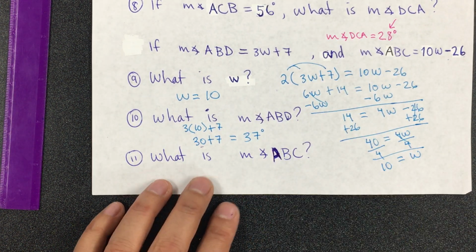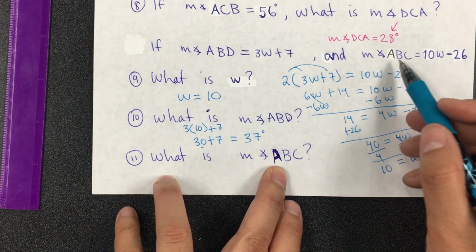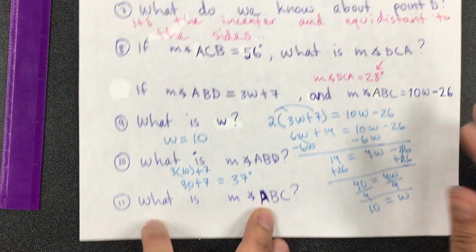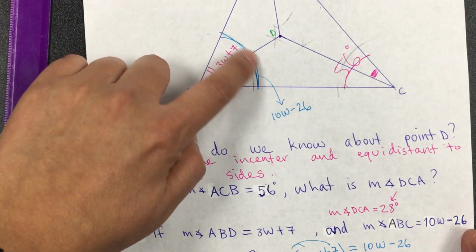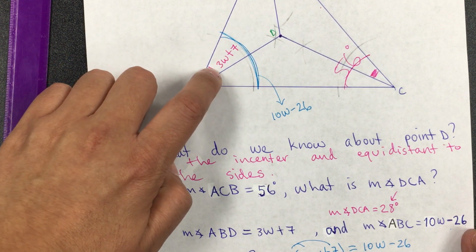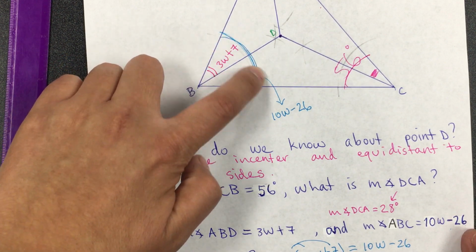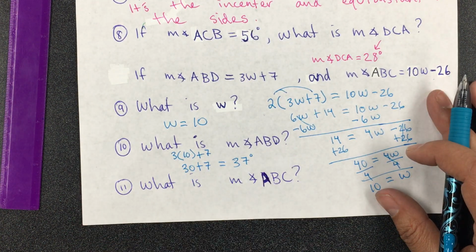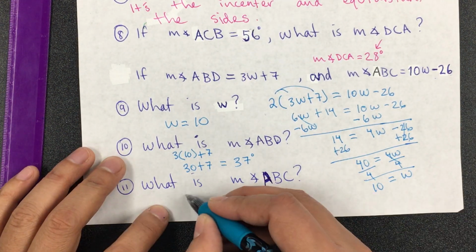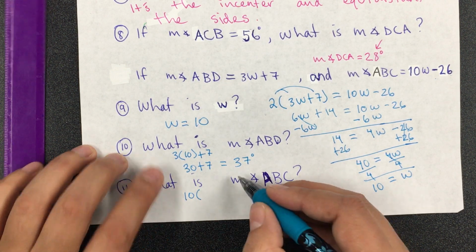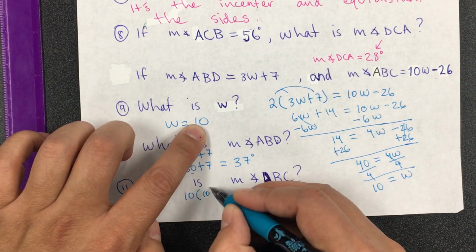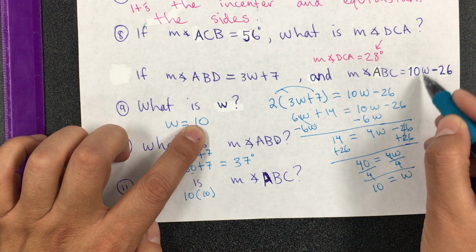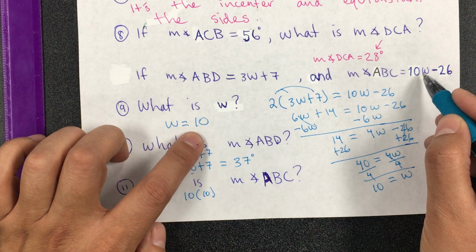So what is measurement of angle ABC? Since we know that it's the whole thing, and the other one was half, we know that this is going to be twice as wide as 37. So ABC is 10W, but we already know that W is 10, right? We're replacing this W with 10 because the value is 10.